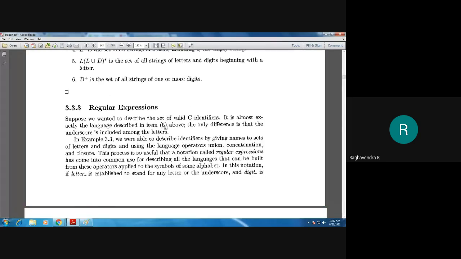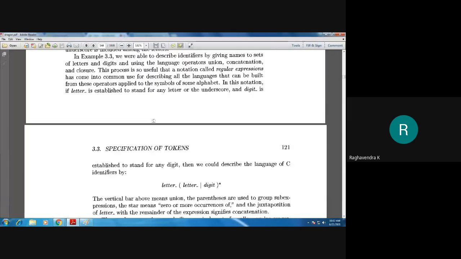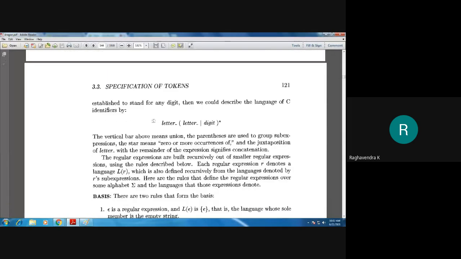Now comes the part of regular expressions, which we were supposed to discuss. Regular expressions provide us with ways to specify patterns that can be used to identify different strings of a particular language, right? So let us consider what exactly a regular expression is.